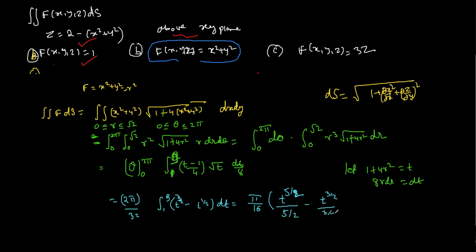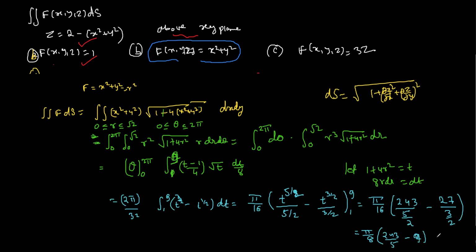And t to the power 3 by 2 upon 3 by 2. 243 upon 5 by 3. 198 pi upon 40.